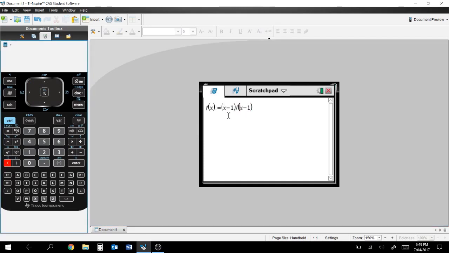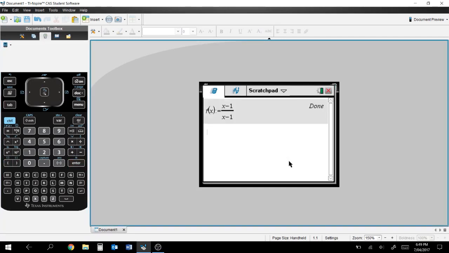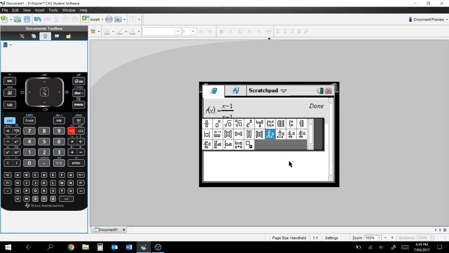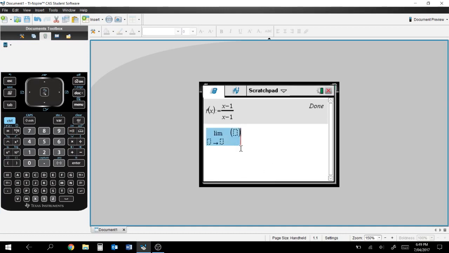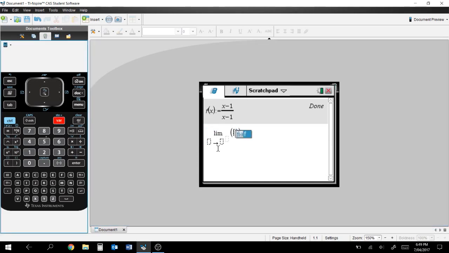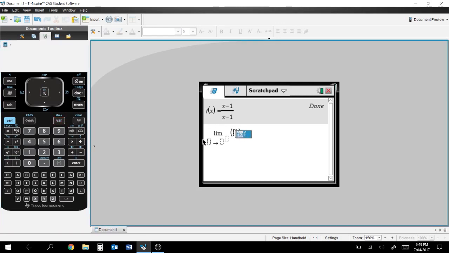In hindsight, it would make more sense to actually do this with a keyboard. Okay, so now that it's saved, we can now take the limit, which is right here, of our predefined value f.